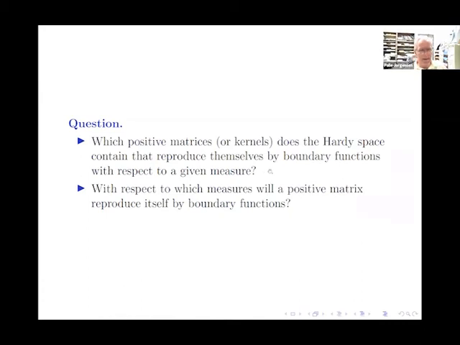Hardy spaces are also, as Don Sarason writes in the introduction to his book, although I spent most of my life in the complex disk, I've now later on taken an interest in going to the boundary.